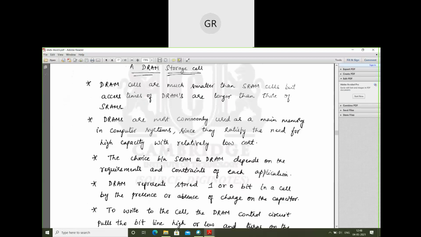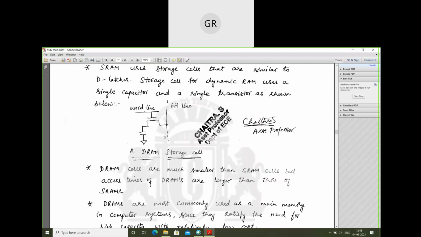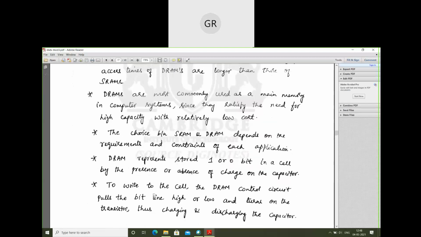They mentioned here to write to the cell, the DRAM control circuit pulls the bit line high or low. This is the bit line, and you can set it to either 1 or 0, and turns on the transistor, thus charging and discharging the capacitor.